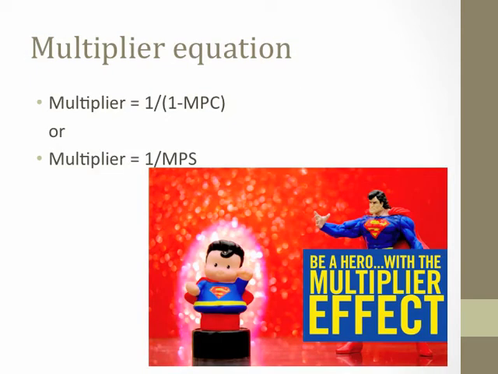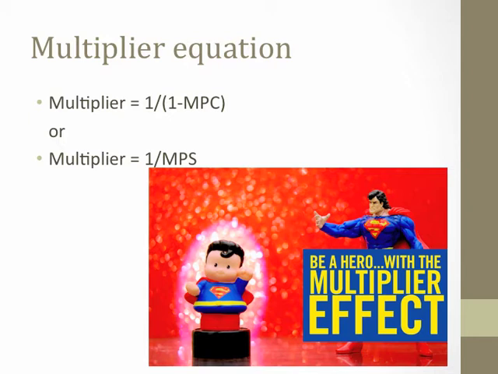So our multiplier equation is 1 over, and there are two ways to do this: either 1 minus the MPC, or more directly, it's the same exact thing, 1 over the MPS. So it's pretty simple, 1 over the MPS. Like I said in the previous video, video 3.4 is going to have all of these; we're going to practice the math.